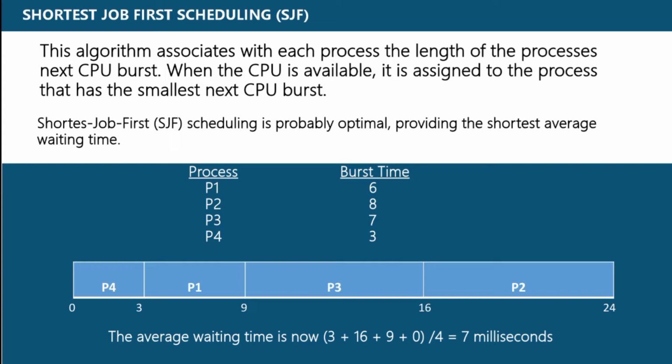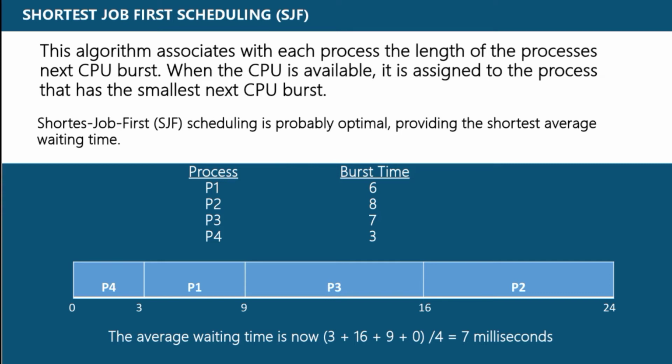Shortest job first scheduling is provably optimal, providing the shortest average waiting time. Consider the processes P1, P2, P3, P4 and their burst times: P1 has 6, P2 has 8, P3 has 7, and P4 has 3 milliseconds.